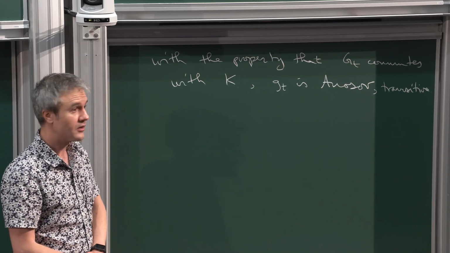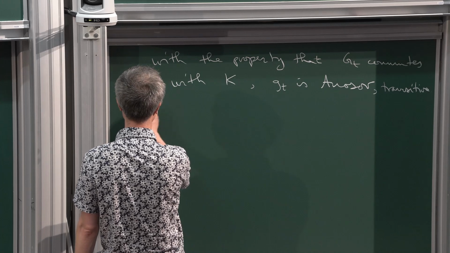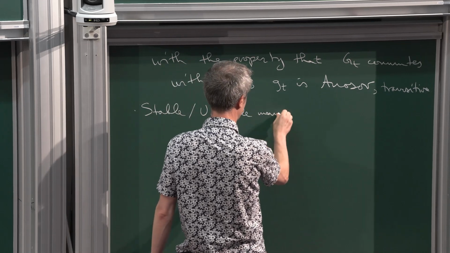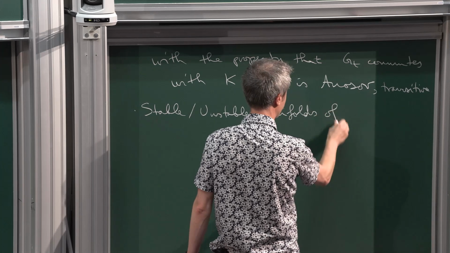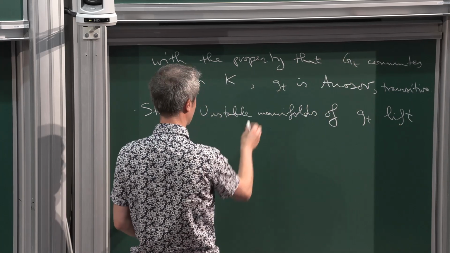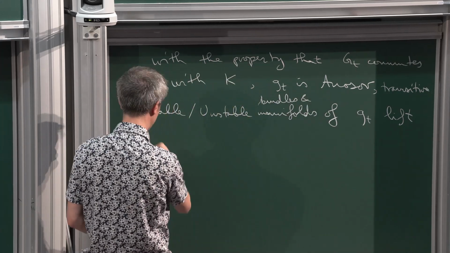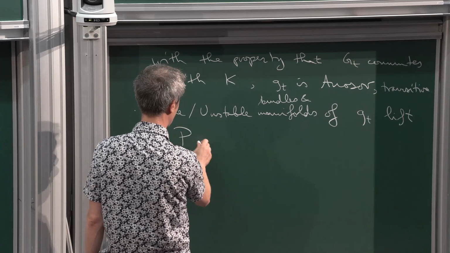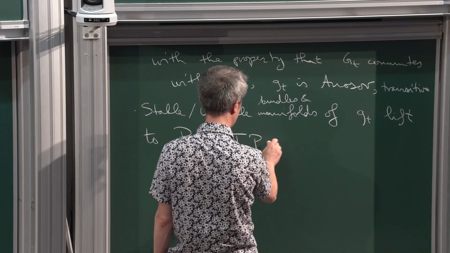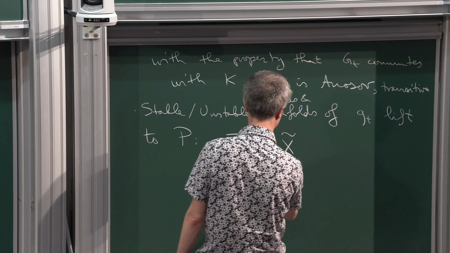But okay, if you remember, the stable and unstable manifolds of g_t lift, so bundles and manifolds lift to P. So we have that the tangent space at some point little p of P has a decomposition. So we have the flow direction.